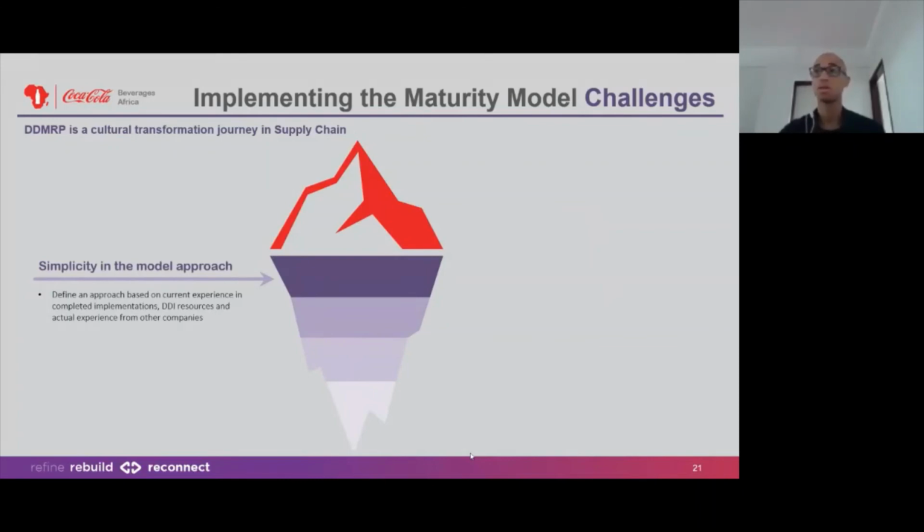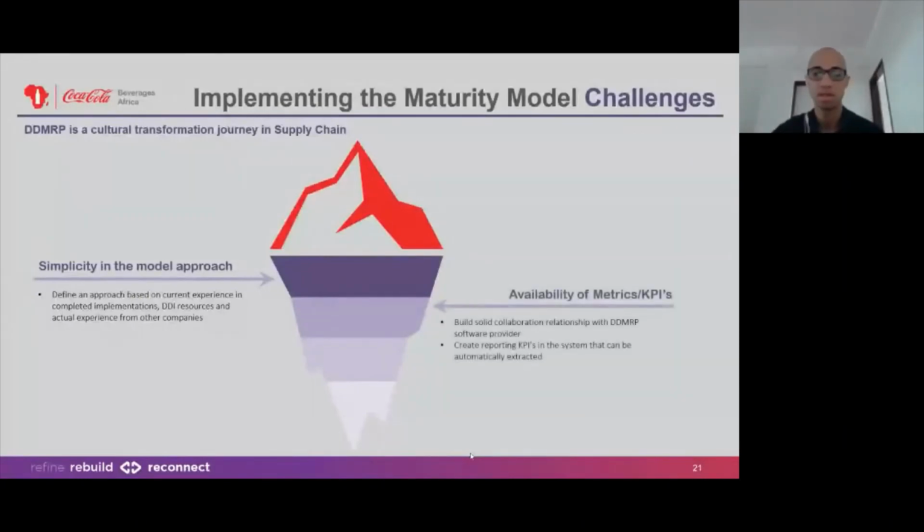We used a lot of the DDI, the Demand Driven Institute, inputs. We've used our partners, which are the suppliers of our software. They've also given us a lot of input from their own experiences working at their companies, a general logic understanding of how other organizations are doing, and that helped us design a simple approach.